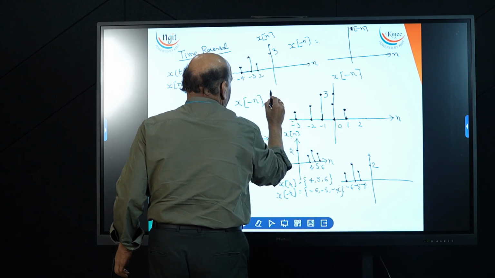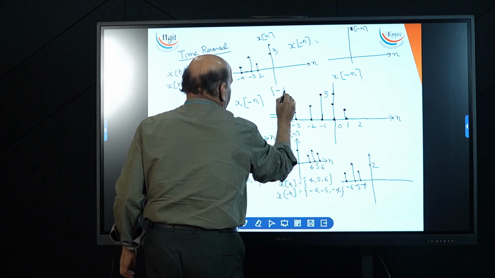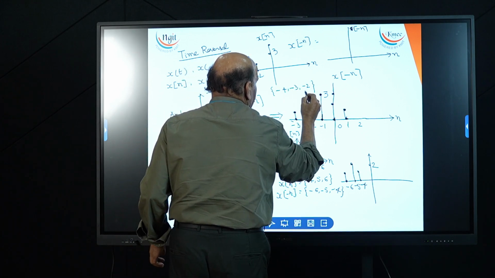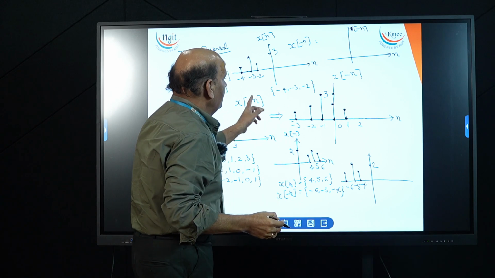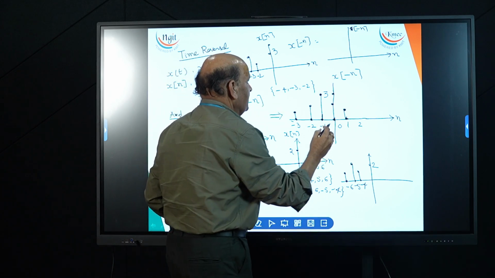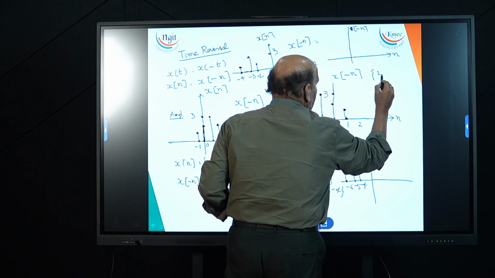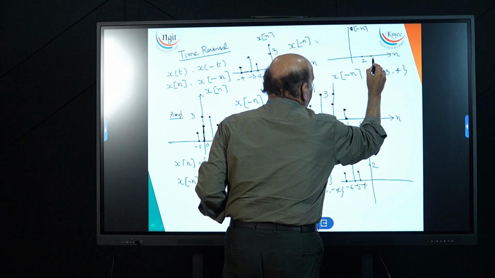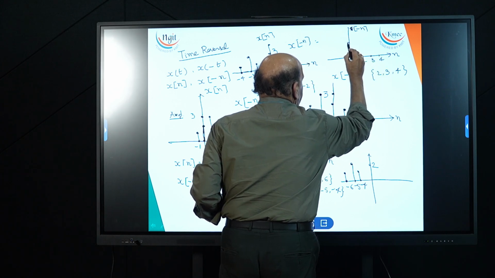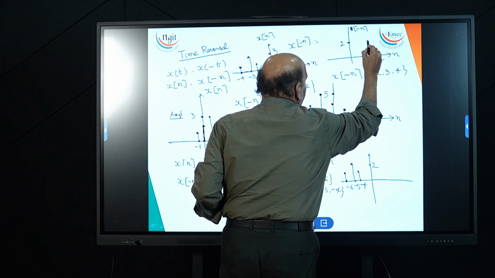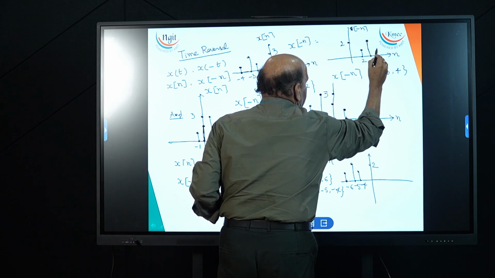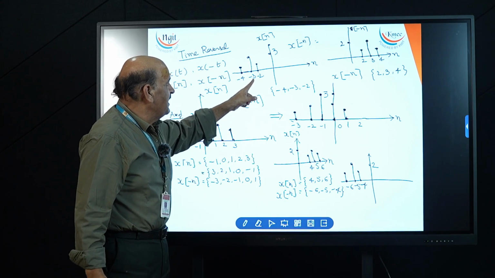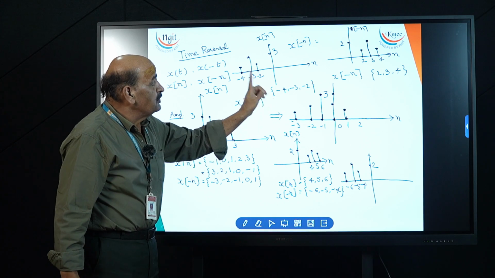Now the sequence is minus 4, minus 3, minus 2. The new sequence, reversing and multiplying with minus, will be 2, 3, 4. Amplitude will be 3. So the middle one reaches this level and the next are of the same height. This is minus 4, minus 3, minus 2, and in the reverse way, 2, 3, 4.